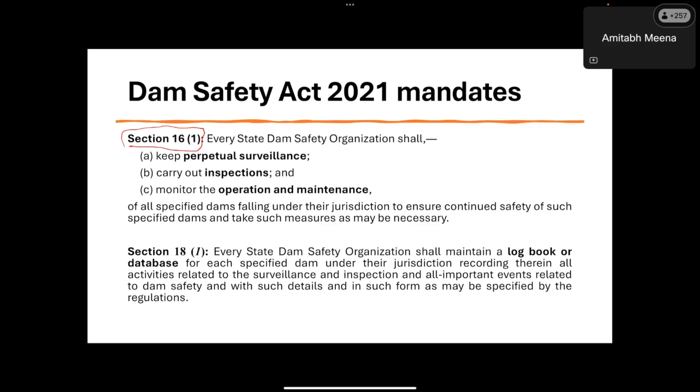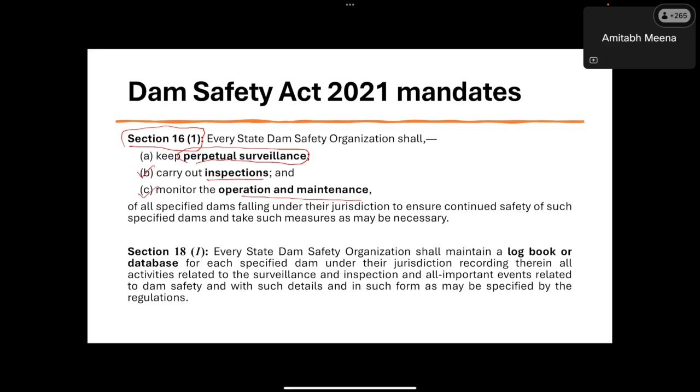If there is a security threat, such as unidentified people entering the property of the dam, all such things are covered under this provision of the Dam Safety Act. Subsection B deals with the inspections, and subsection C is about operation and maintenance of the dams.